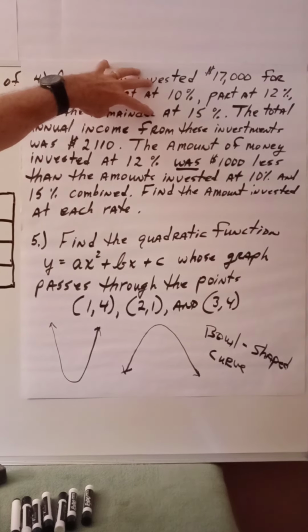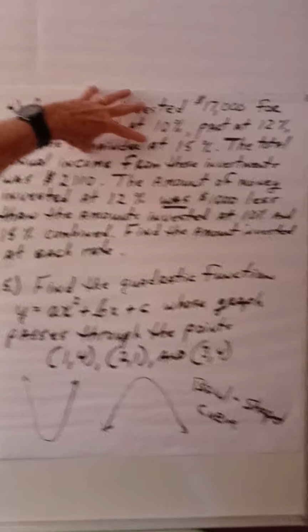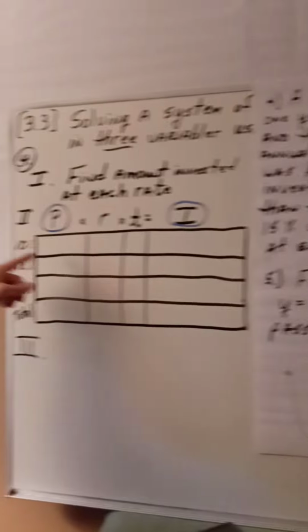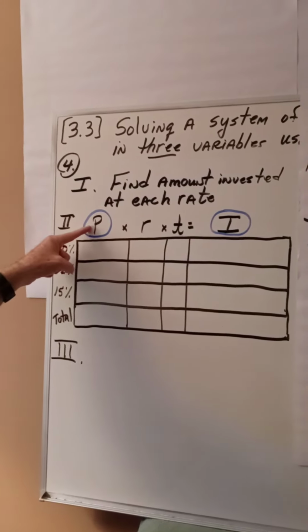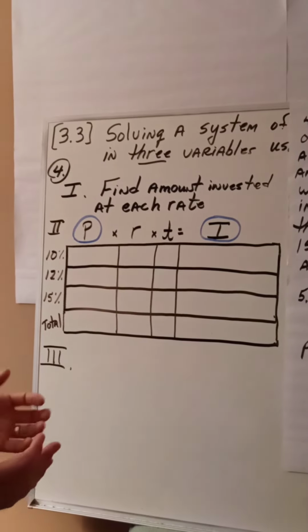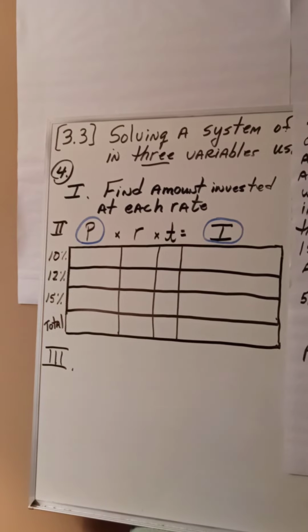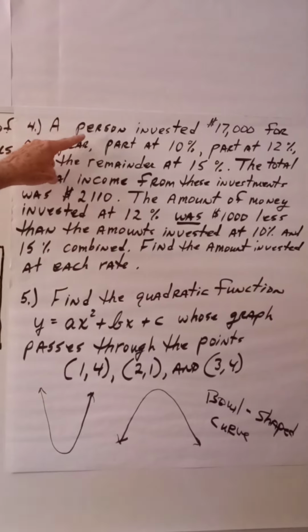This first sentence is going to be involving the principal. The principal is the amount of money that the person is going to invest in each one of the accounts. That's what we're finding out from sentence number 1.